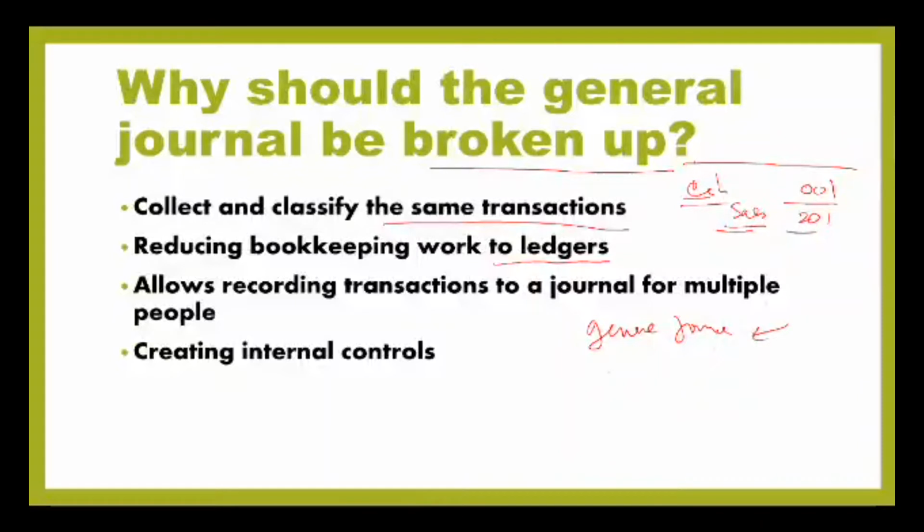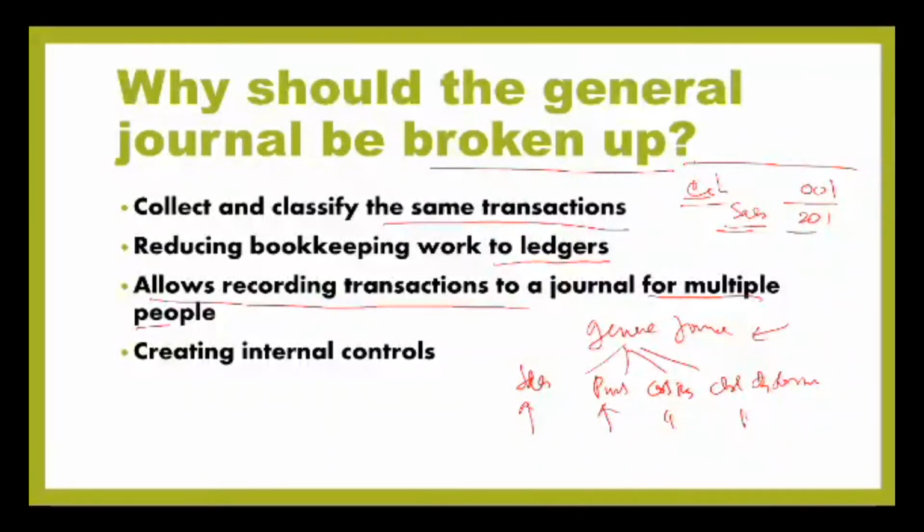But if you divide this journal into a sales journal, a purchase journal, a cash receipt journal, and a cash disbursement journal, then you can assign an employee to each one of these journals.